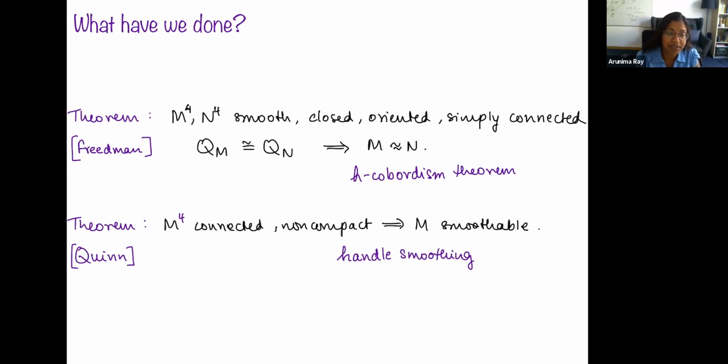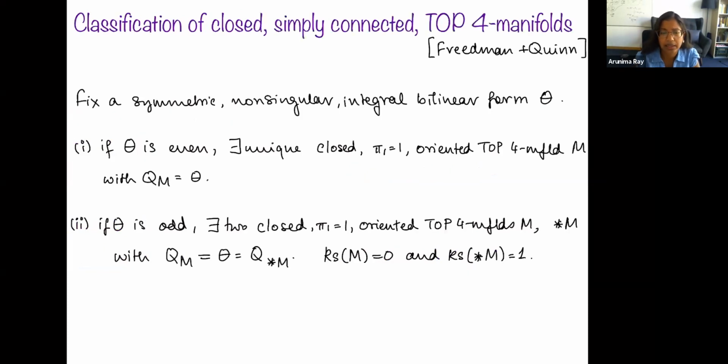I want to talk a little bit about this first theorem on the slide here. This is extremely close to a classification result, so let me go ahead and state it. This has come up a couple of times, maybe most notably in Paul's talk. Freedman and Quinn, their work together gives you the following classification of closed, simply connected topological four manifolds.